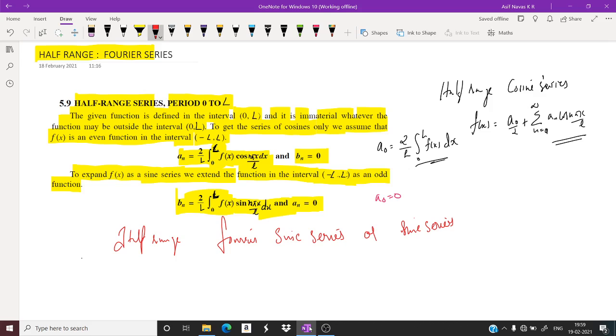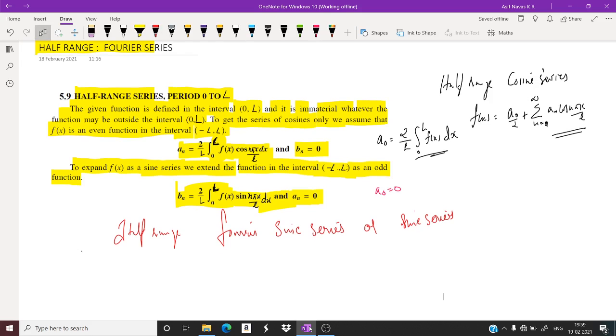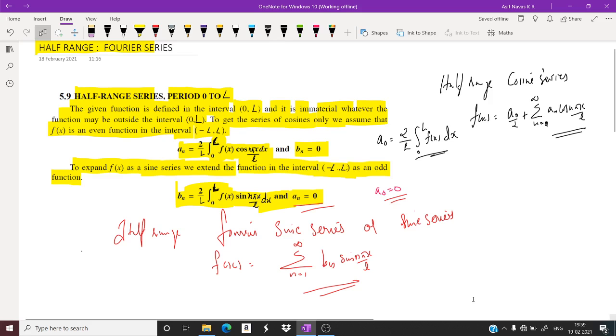Okay, so the Fourier sine series is of the form f of x is equal to sigma n equal to 1 to infinity b_n sin n pi x by L, where a naught and a_n are equal to 0. Okay. Then we will do a problem.